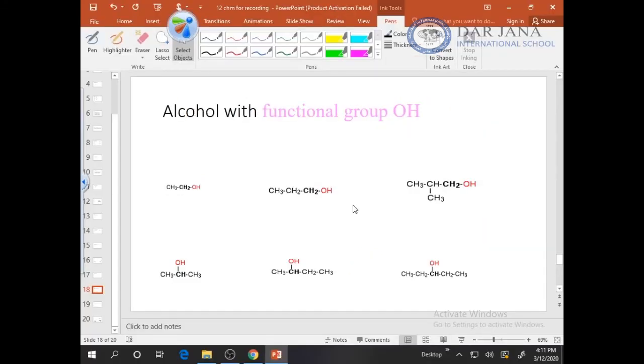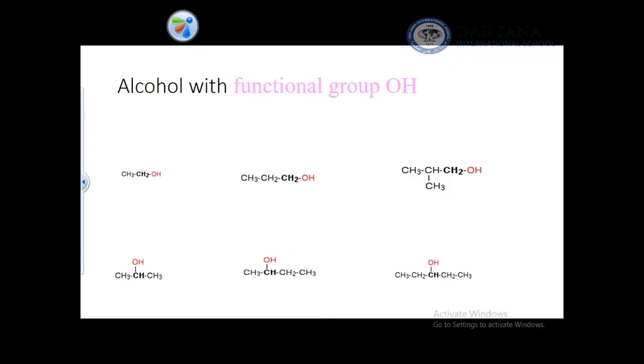Alcohols are organic chemical compounds that include the hydroxy functional group. You can see the OH group in these alcohol molecules. Alcohol molecules can vary in size up to very long molecules, most of which consist of a chain of carbon atoms attached to the OH group.